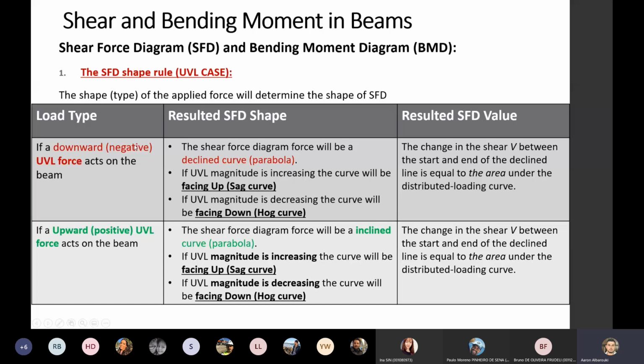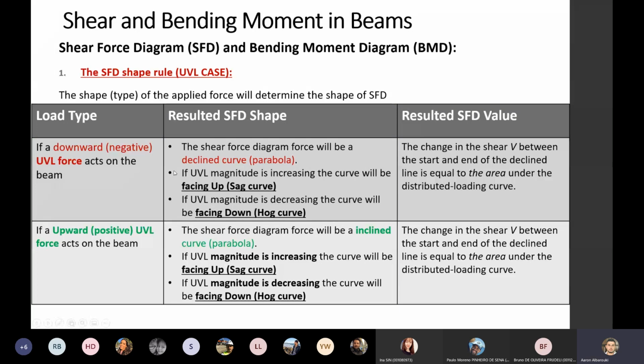So negative, that means I've got a direction going downward. Because this is a UVL, which is an inclined line or declined line, that gave me the shape, which is a parabola in the shear force diagram. Integrating a line with a slope will give us a parabola shape.